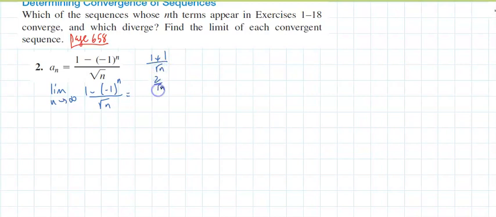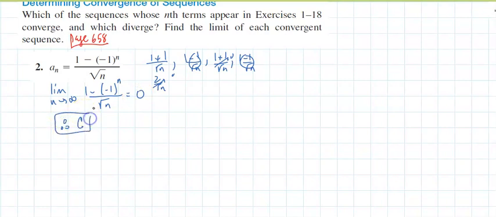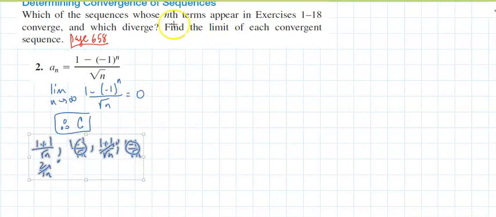That's 2 over radical n. And if I let n equal 2, I'll get 1 minus 1 over radical n. N equal 3, n equal 4. Of course, this is 0 and this is 0, but the limit as n approaches infinity of this will be 0 as well. So this limit will equal 0.